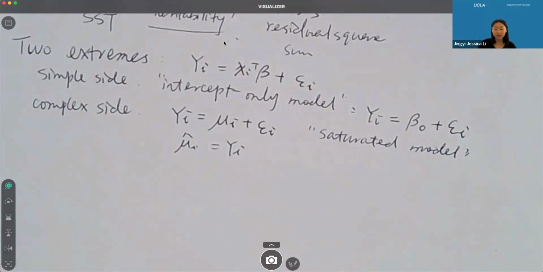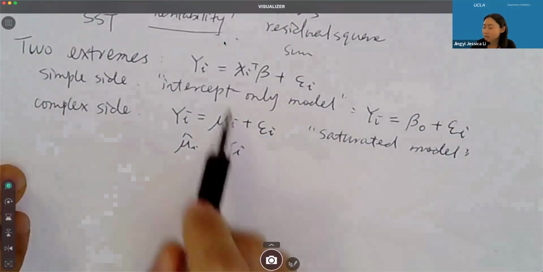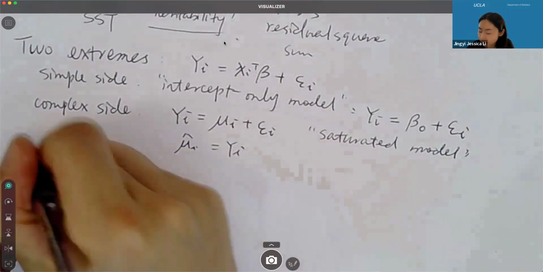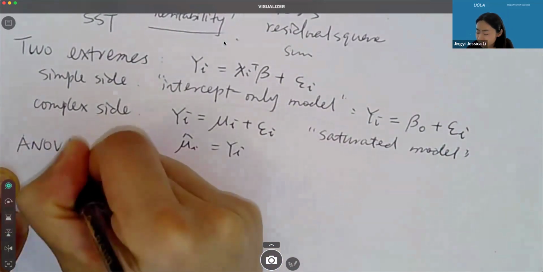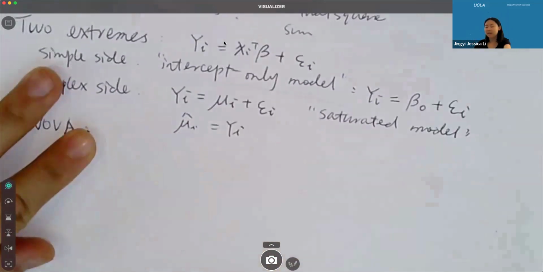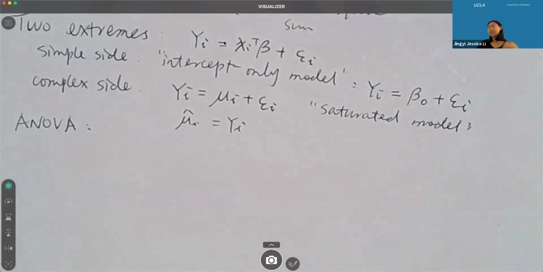Okay, so what ANOVA does is try to compare the linear model with the intercept only model, and this is called the null model. So what ANOVA does is still a model comparison, just as what we did in the likelihood ratio test, the Wald test, the t-test, which are all about model comparison.